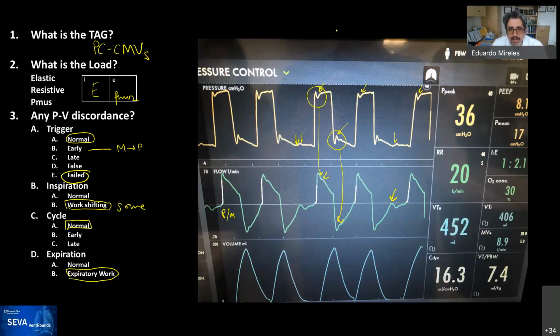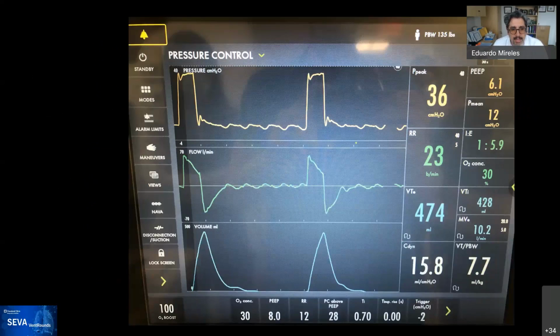Yeah, thanks. Okay, and actually you can see it here. This is a beautiful waveform from Mike, in which I presume that he changed the trigger to pressure. Is that what you did, Mike? Yes. Okay, thank you.